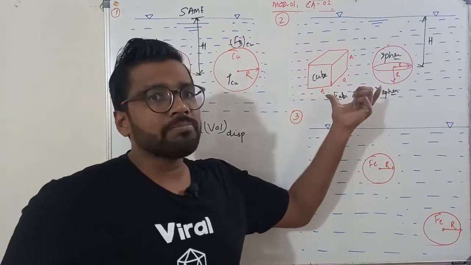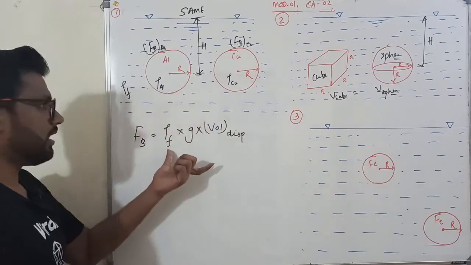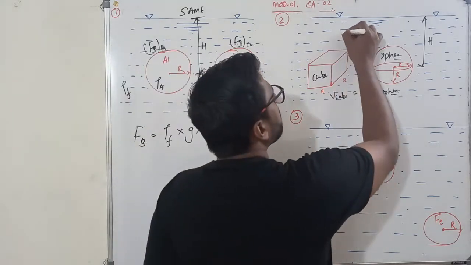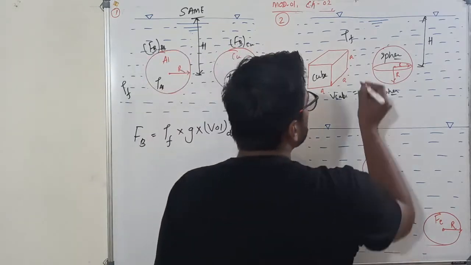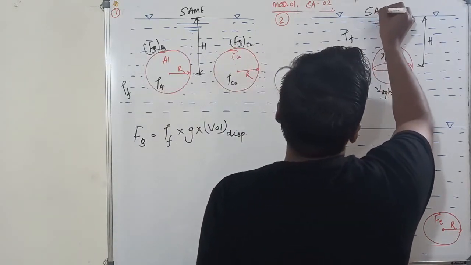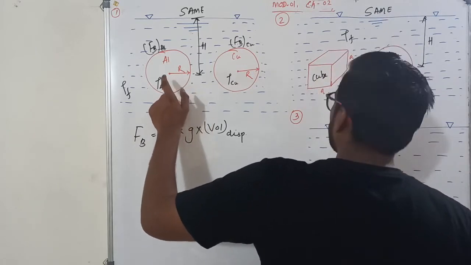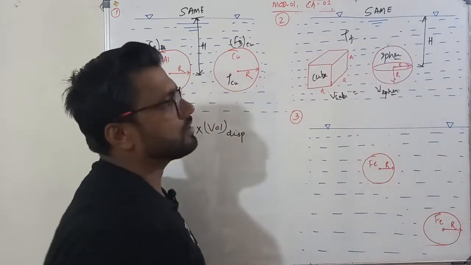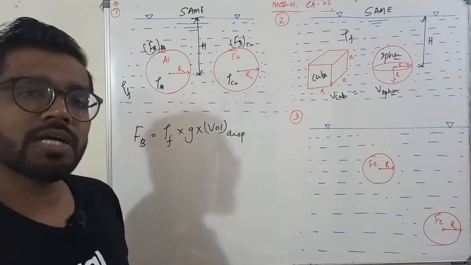So the depth is the same, the volume is the same, and the density of fluid is the same. What will happen to the buoyancy force in both cases? The buoyancy force here also will be the same. Buoyancy force doesn't depend on what material you are using, nor on which shape you are using, as long as the volume of both is the same.